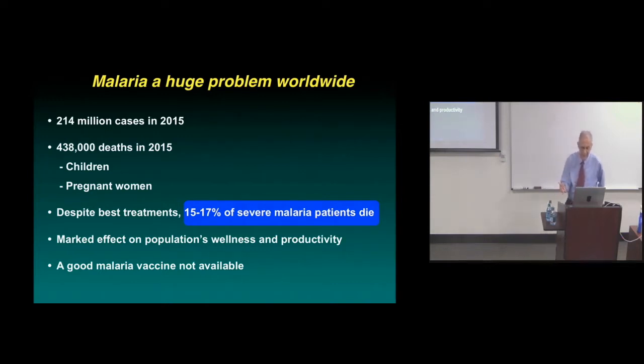He developed severe malaria and was hospitalized. Other people developed severe malaria when they had no immunity, and they died. So there have been some young college students who died from this too. In addition to the death and the acute severity of needing to be in the hospital, it has a dramatic effect on the population's wellness and productivity. These people are very sick, they can't work, and it just has a very large national impact.